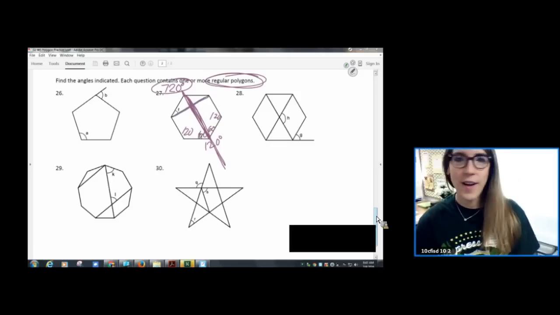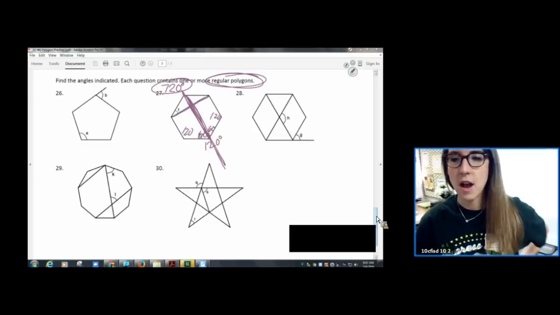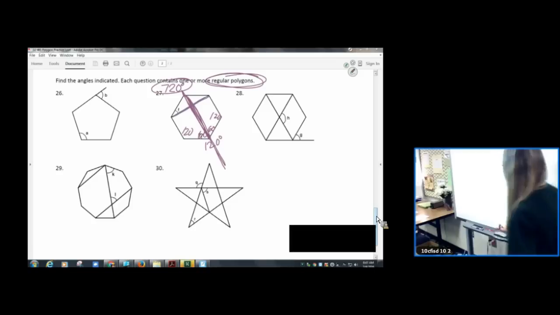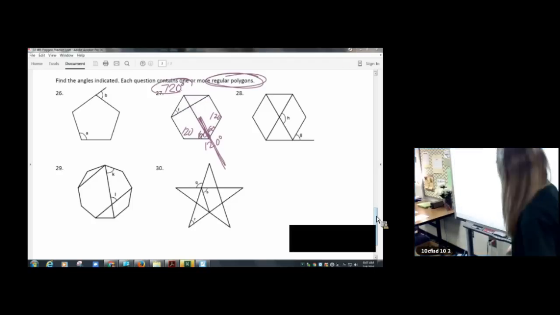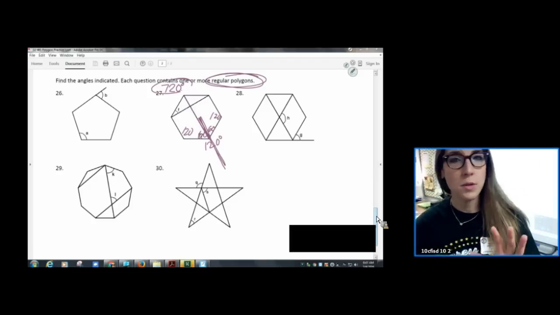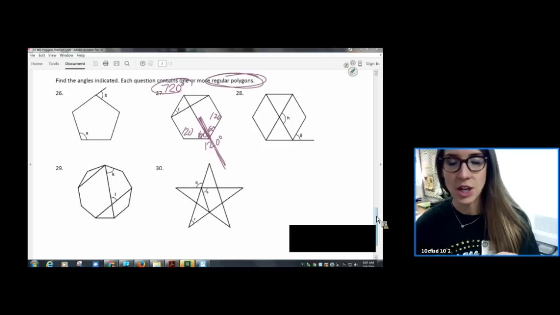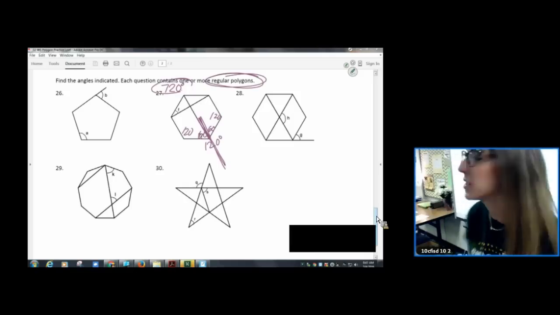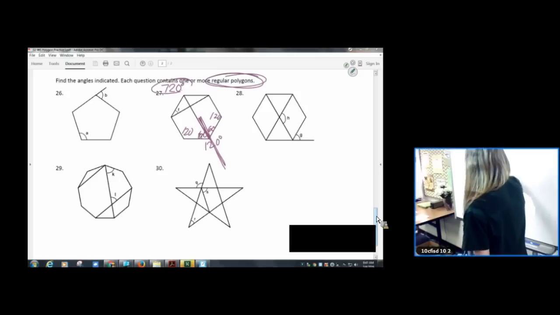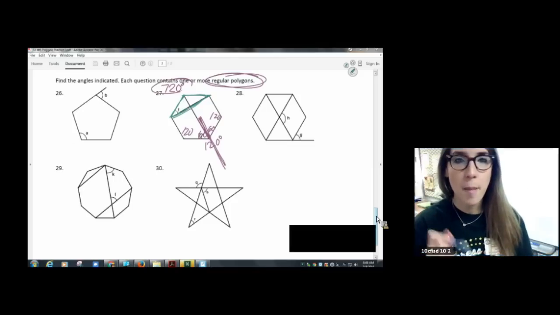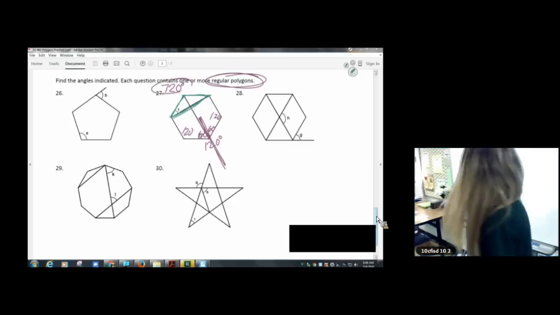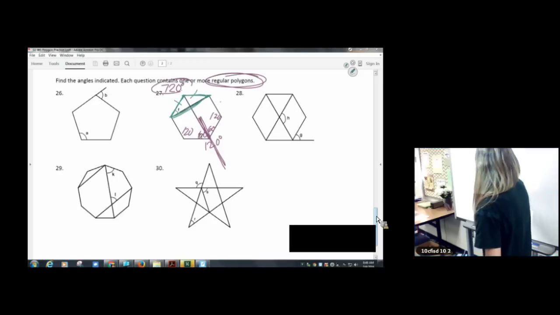Now, I can't do that for F, so I have to be careful. F is not 60. It's not 120 divided by 2. For F, I'm going to use triangles to my advantage. And they're not just regular triangles. They are isosceles triangles. The reason I know this is isosceles is that if this is a regular polygon, a regular hexagon, then all sides are congruent.